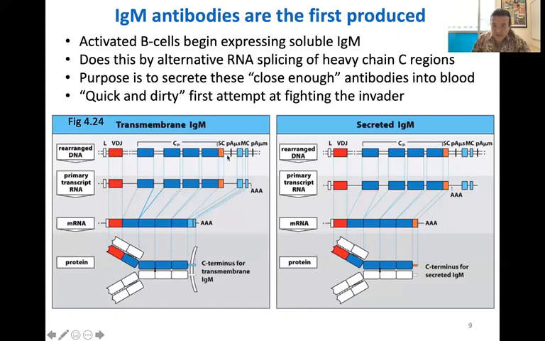You'll see as part of these mu blocks, there's this orange group and this light blue group of gene fragments. The primary transcript RNA that comes off of this has everything on there. The edited mRNA has all the introns cut out, so the blocks are put together now in one continuous sequence. And you can see here, it's cut out the orange part, and instead it has left the light blue part.